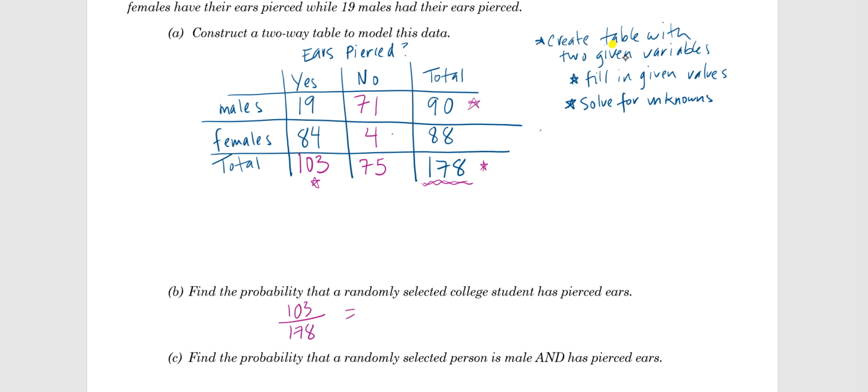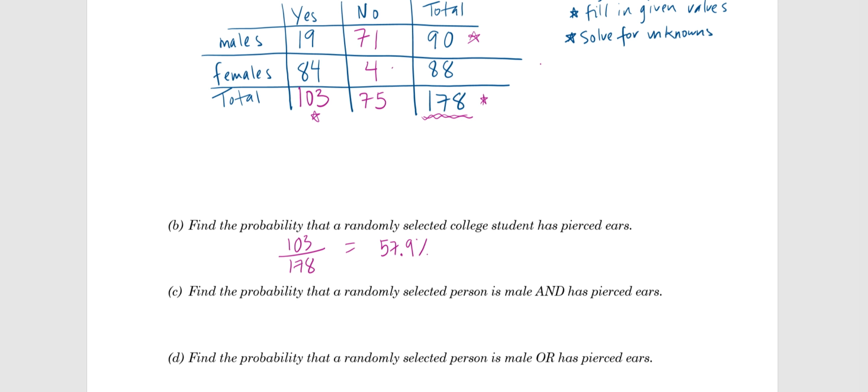So in this case, if I find the percentage here, 103 out of 178, it should be about 57.9%. Okay? So I would like you to go ahead and see if you can try to answer parts C and D. So go ahead and pause this real quick, find those probabilities for me, and then we can resume and check your answers.